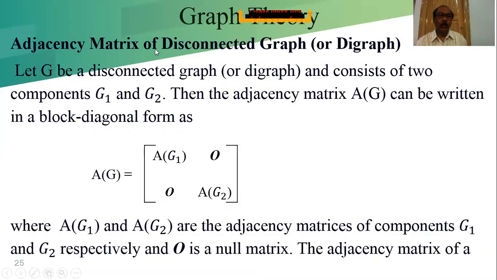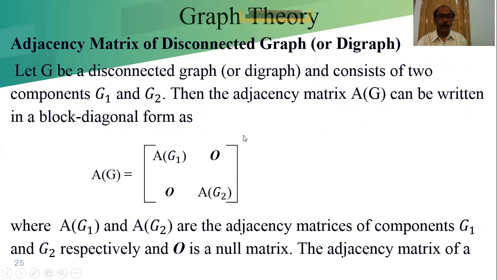Adjacency matrix of a disconnected graph or diagram. For a graph or a diagram, if it is disconnected, we can make two different adjacency matrices, then combine them to get the adjacency matrix of the graph.